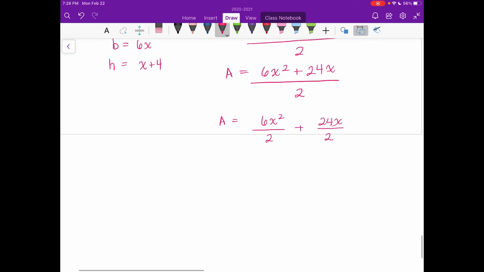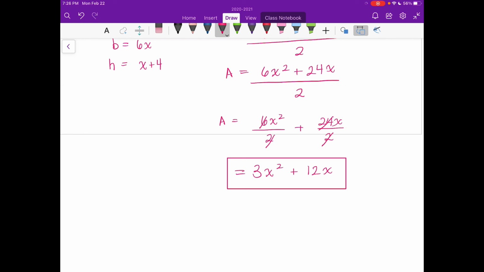And if I break that down, the 6 and the 2 cancel each other out, right? So then I'm left with 3x squared, and the 24 and the 2 cancel each other out. So I'm left with 12x, right? And that means that my simplified expression for area in that situation is equal to, and I'm going to have good form, and I'm going to write a therefore statement as well, but area is equal to 3x squared plus 12x, right?